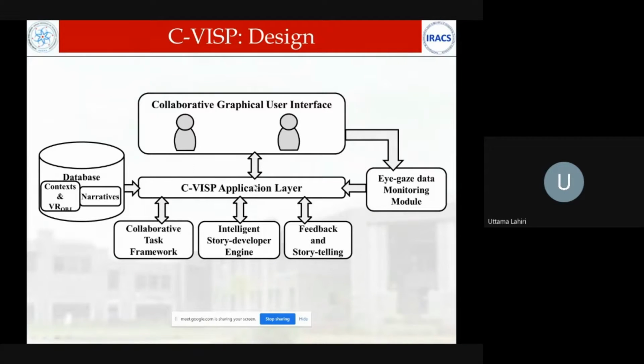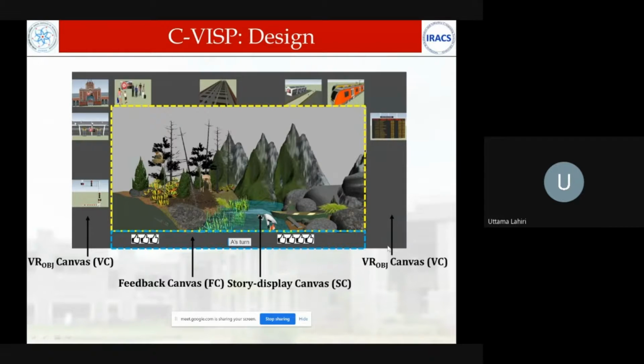And while the children interacted with the social scene, we monitored their eye gaze measures. So we gave them, on the computer screen, a story canvas. This is the story canvas, the central portion of the screen that was empty, and the periphery had different objects like scenes from the real environment in a very virtual setting.